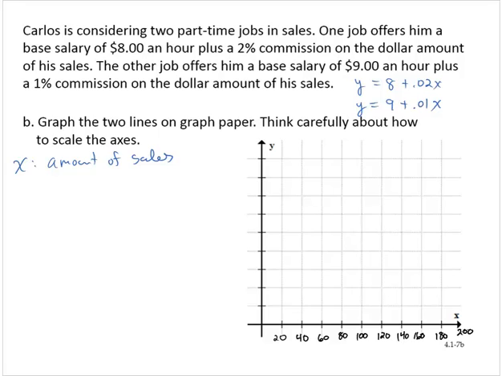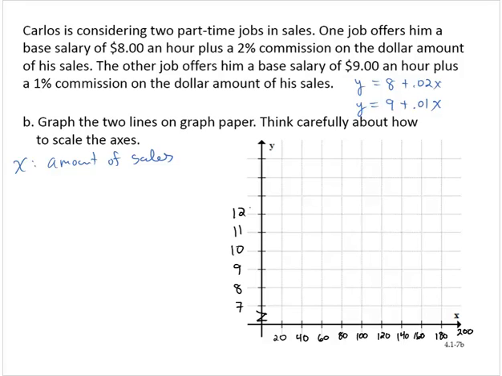Alright, and then the y-axis, well, if we think about these y-intercepts, they are at 8 and 9 respectively. I've only got 9 marks, so I don't want to go all the way up. So I'm going to put a break in the axis, and have the axis start at 7, 8, 9, 10, 11, 12.